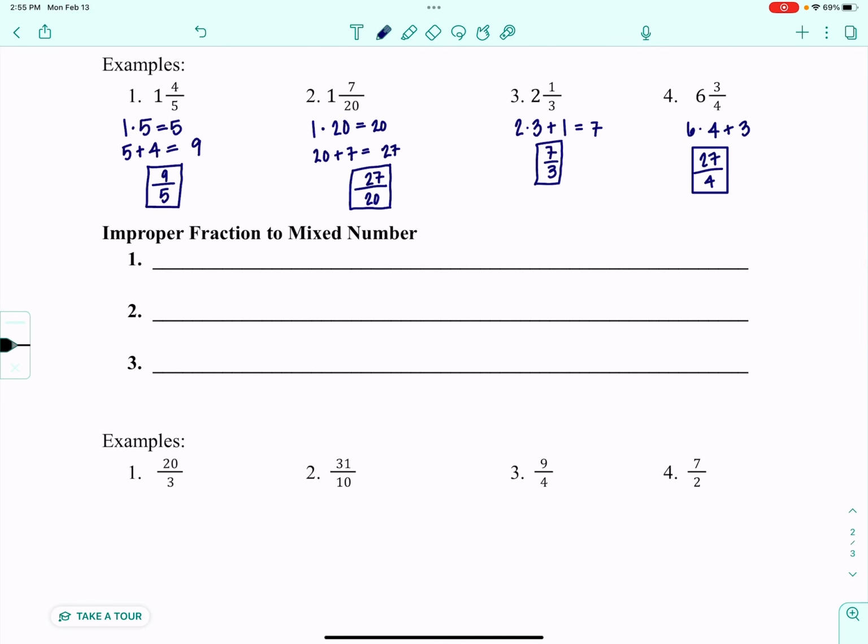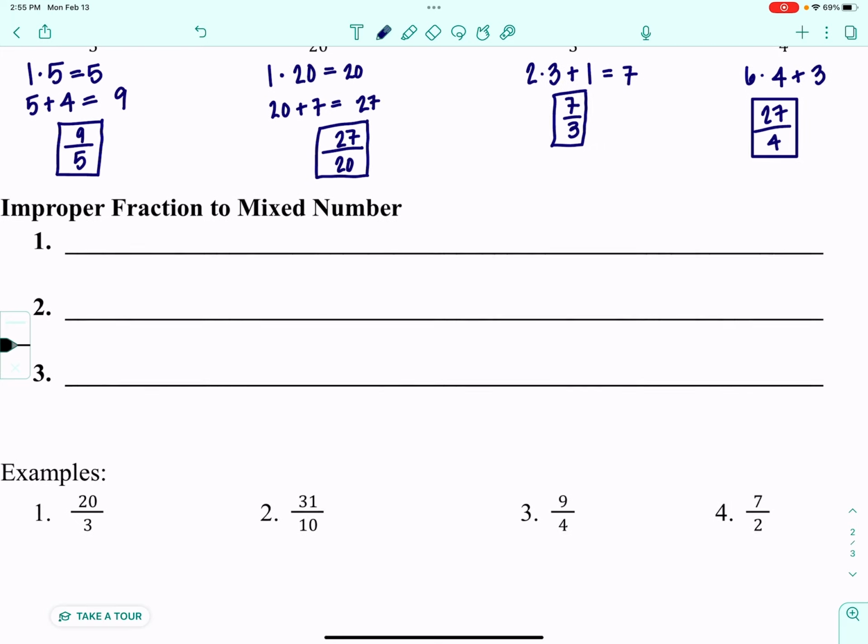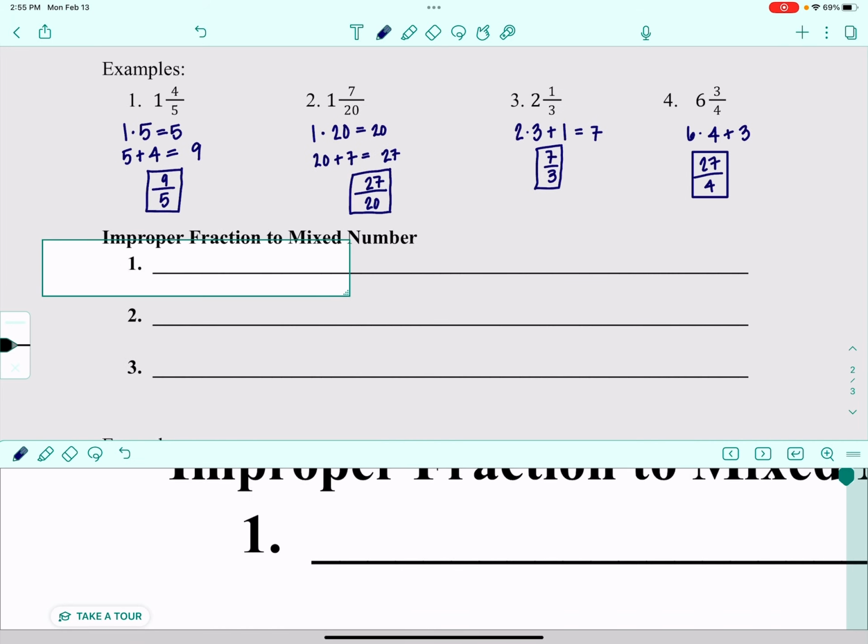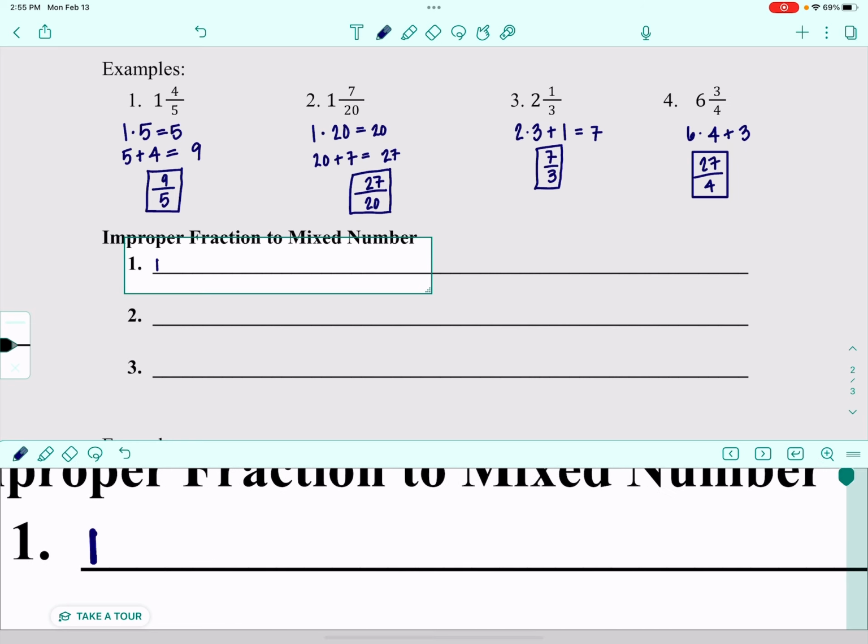Now we need to go the opposite direction. Now we want to go from an improper fraction to a mixed number. So to do that, we're going to do numerator divided by the denominator.